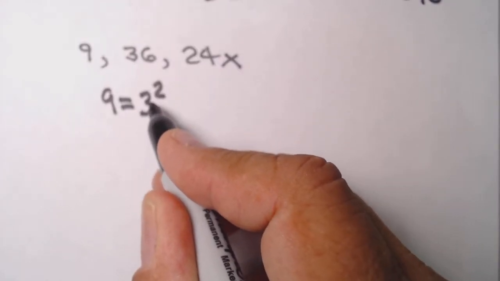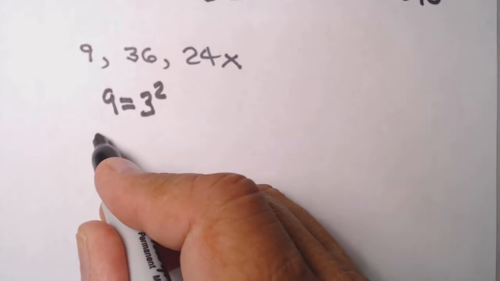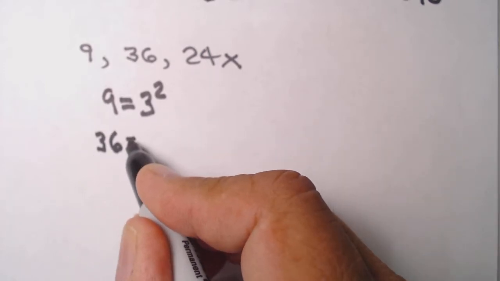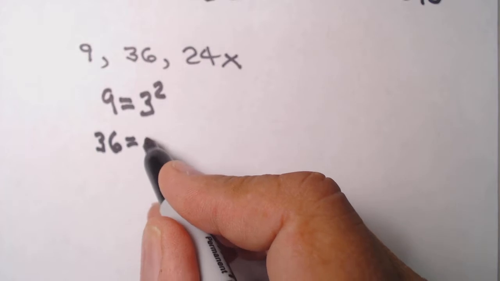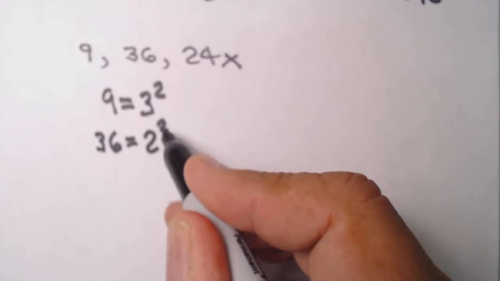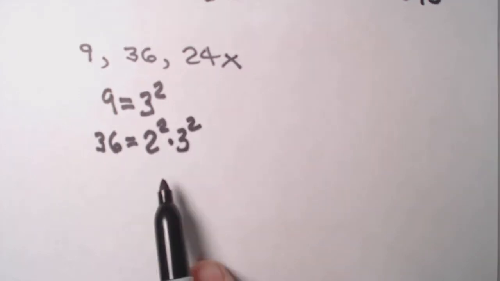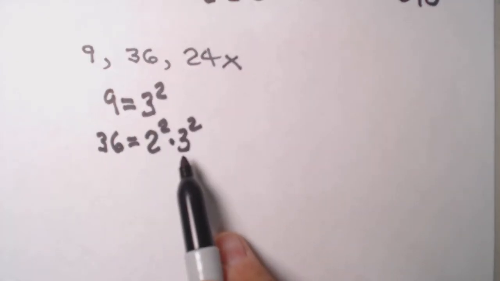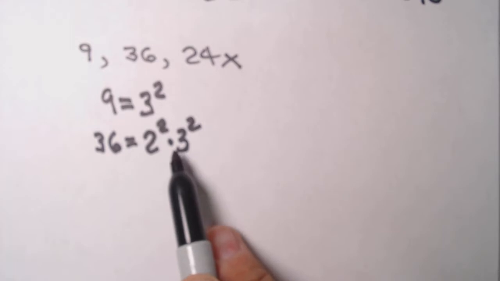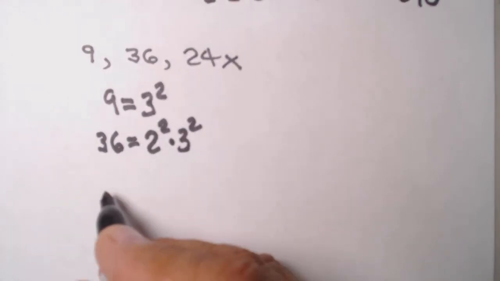Remember, you have to use exponents. 36, we can think of as 4 times 9. 4 is 2 squared, and 9 is 3 squared. Now, double check this. 2 squared is 4. 3 squared is 9. 4 times 9 is 36.